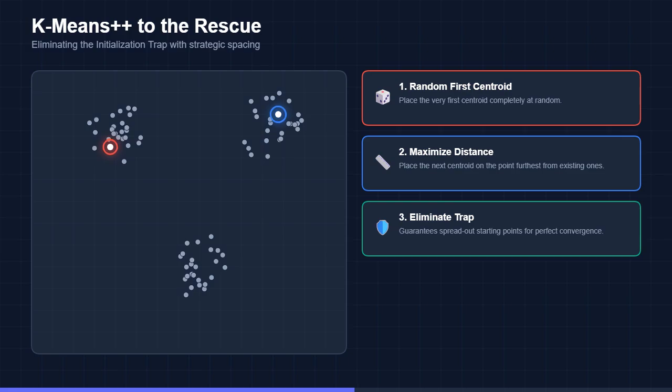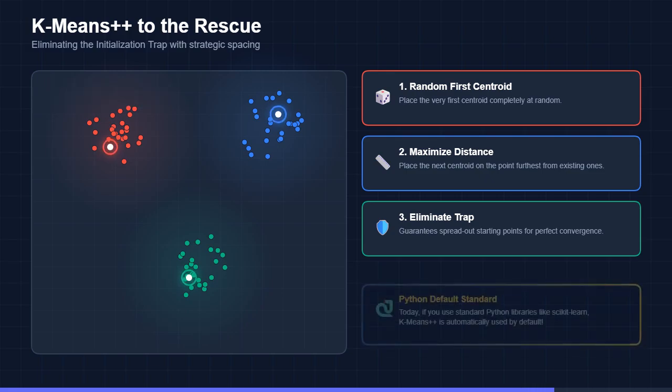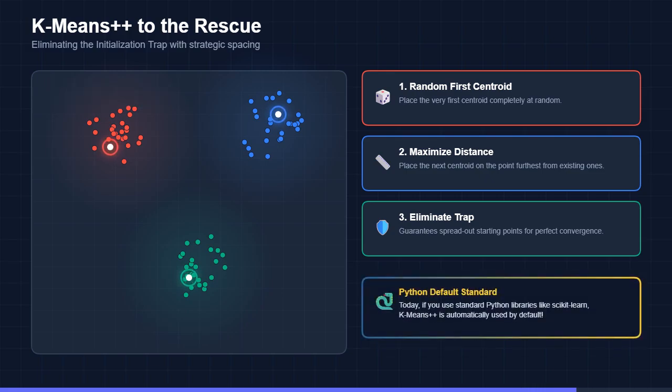For the third centroid, it finds a spot that is far away from both the first and second centroids. By forcing the starting centroids to be as spread out as possible, k-means++ completely eliminates the initialization trap. The algorithm will now find the perfect, correct clusters every single time. Today, if you use standard Python libraries, k-means++ is used automatically by default.